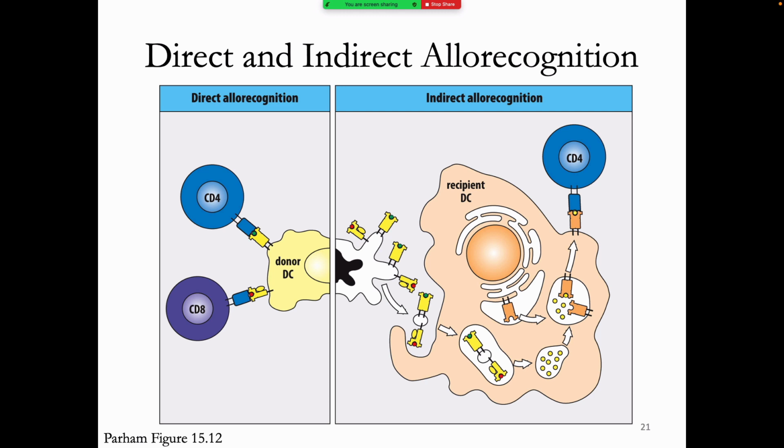Okay. So if you do not have a perfect MHC match with someone else, this is what your T cells could do to that kidney. So there are two ways your T cells could get activated in response to that kidney. Yep. What are the symptoms of this type of rejection? It's really loss of function of the graft.